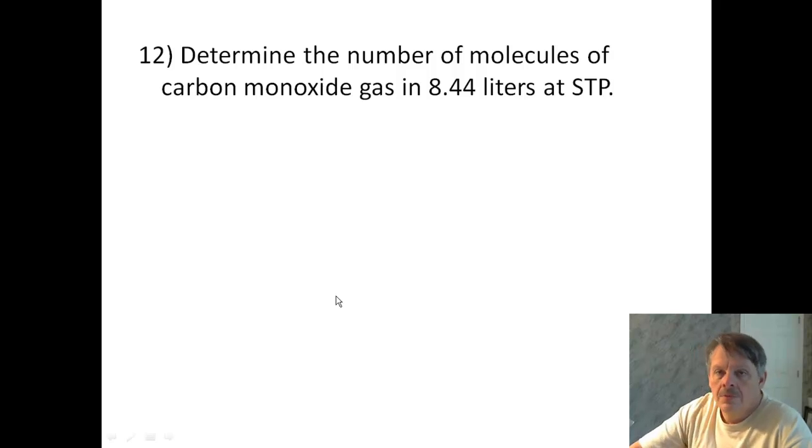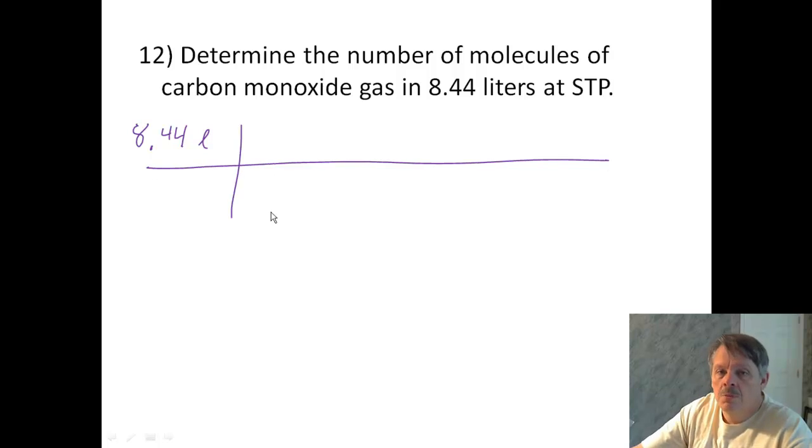All right. Determine the number of molecules of carbon dioxide gas in 8.44 liters at STP. Well, notice this has gone from carbon dioxide to carbon monoxide, but because it's just a gas, we don't care. We only care if we have to worry about the mass, and we don't have to worry about the mass. So we're going to start with 8.44 liters, and we're going to convert from liters to moles, and then from moles to molecules.